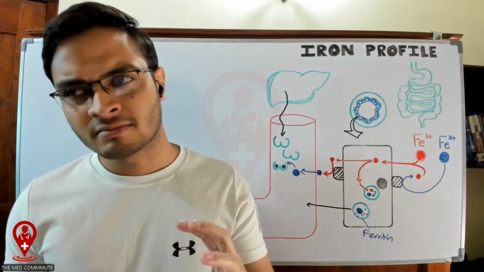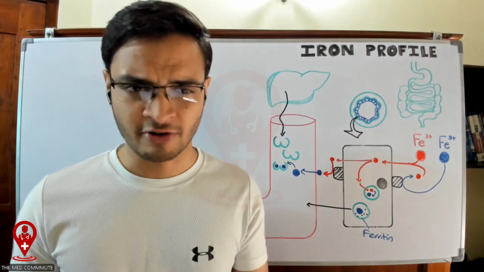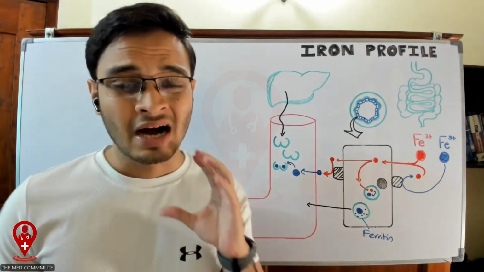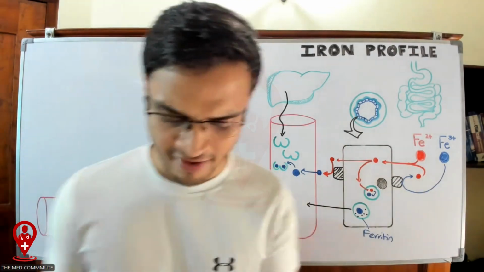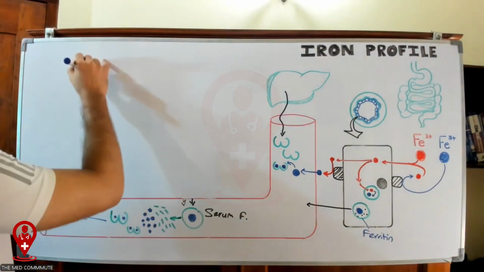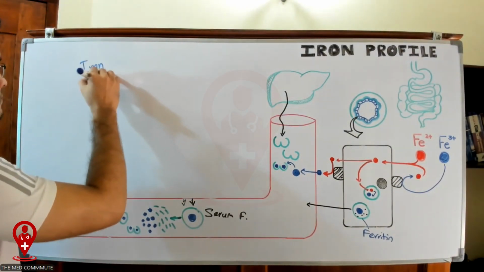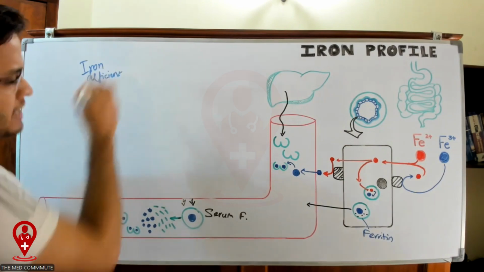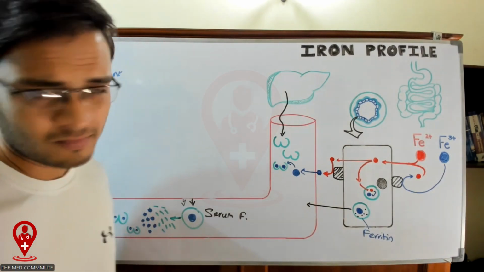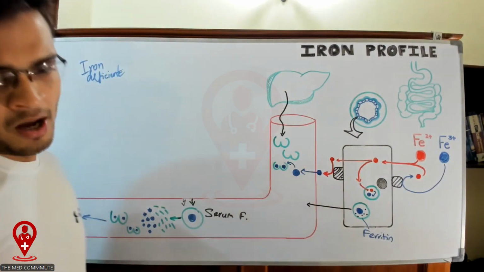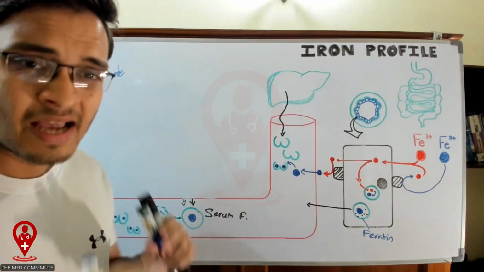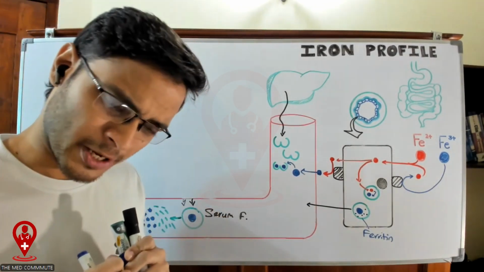So let's imagine that we have a patient in front of us who is now iron deficient. If he is iron deficient, what is going to happen, guys? There is less iron in his body.